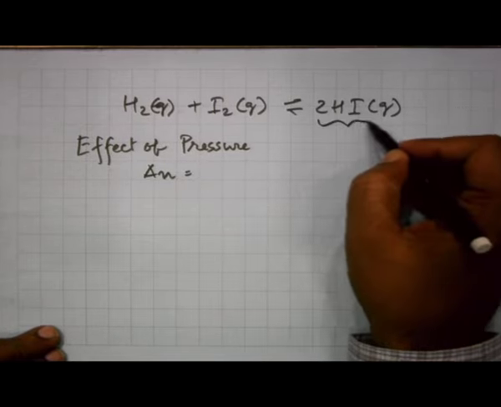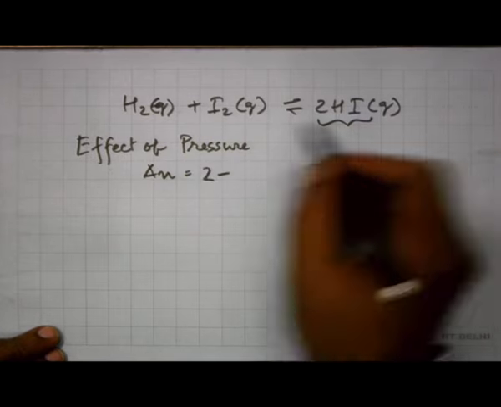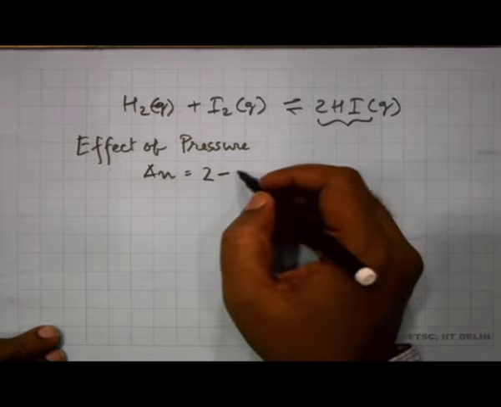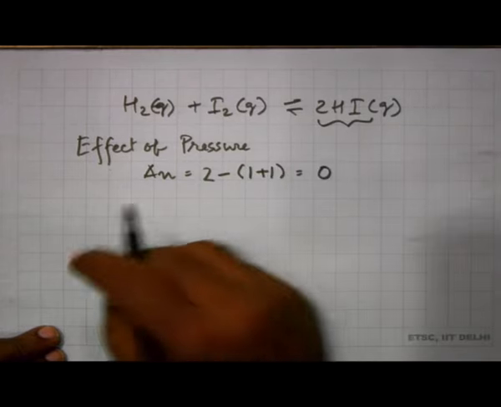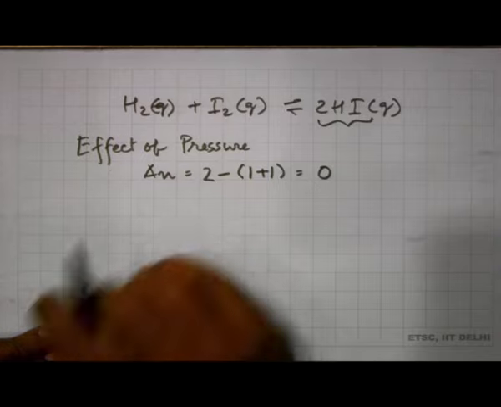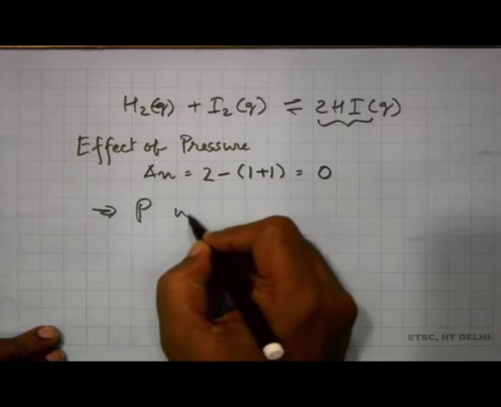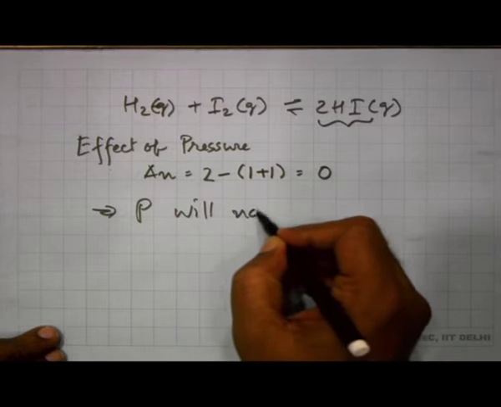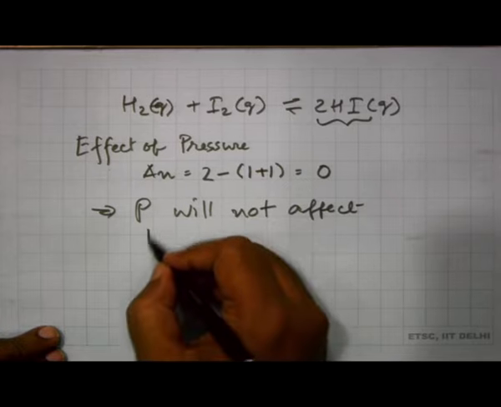You see this case, 2 moles of HI. So, 2, this is the product minus reactant. Reactant is what? 1 plus 1. So, this is 0. So, what does that mean is pressure will not affect the reaction.